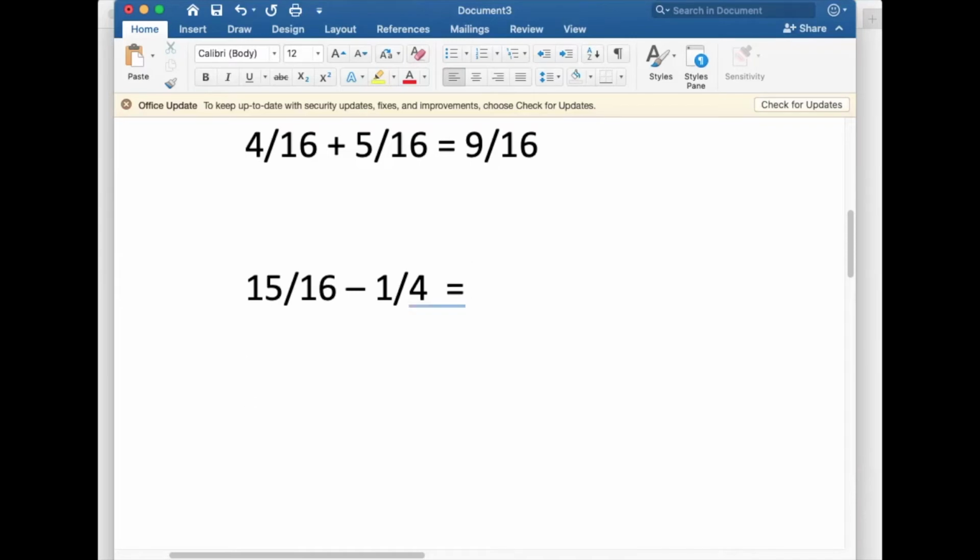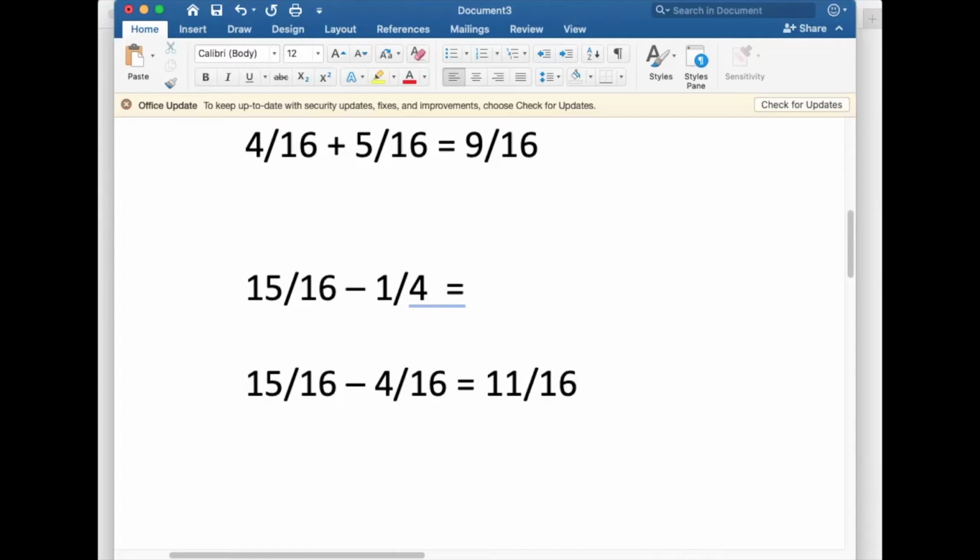We've got to get to 16. 16 is the biggest denominator, so we're going to keep 15/16, and we're going to subtract 4/16. We get that by 4 times 4 is 16, and 1 times 4 is 4. Now we can simply subtract. 15 minus 4 gives us 11/16.